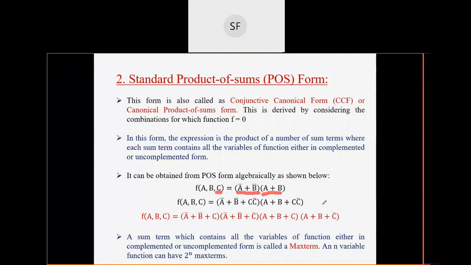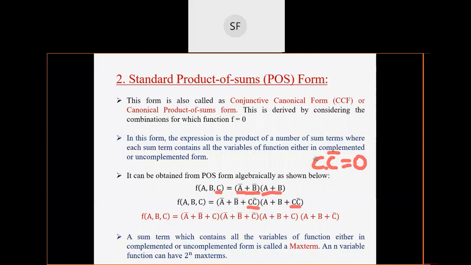Then how do we get the standard form? We just add c times c bar to both the terms. Why? Because by the law of AND gate, as we saw a couple of lectures back, when a variable and its complement are operated by the product, that is an AND operation between a variable and its complement, their product is always 0.